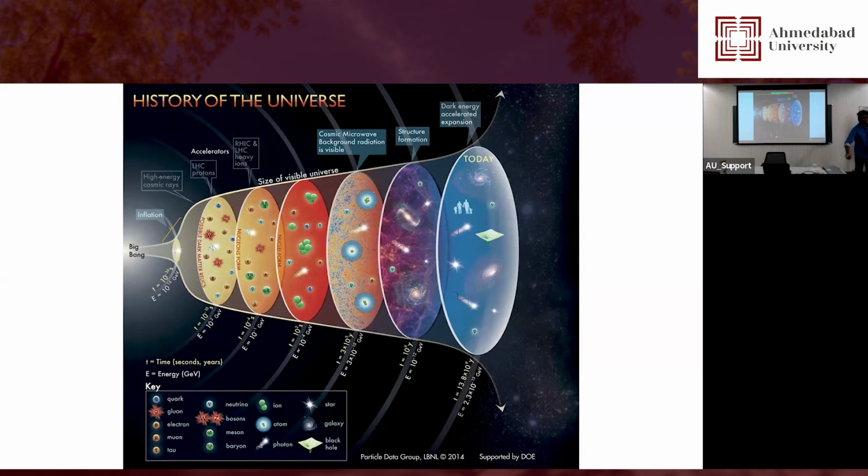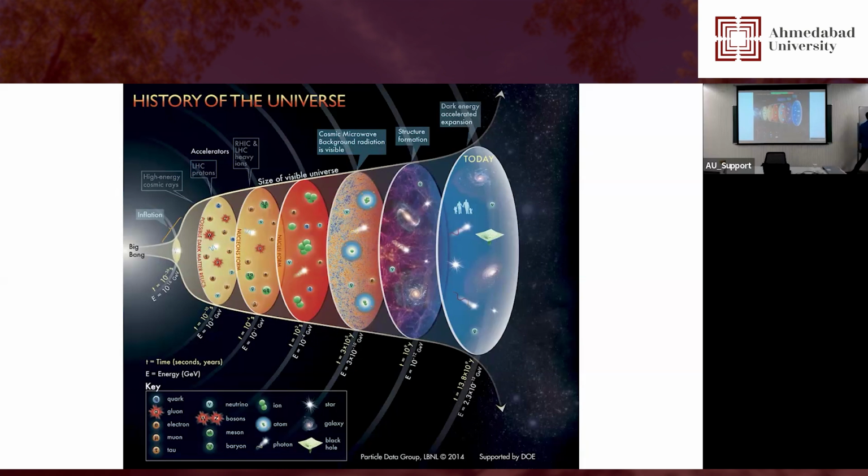Assuming that we have different fluids, we have radiation, gamma, then we have the baryons and the cold dark matter. And then we also have a fluid which currently drives the expansion of the universe, the dark energy.